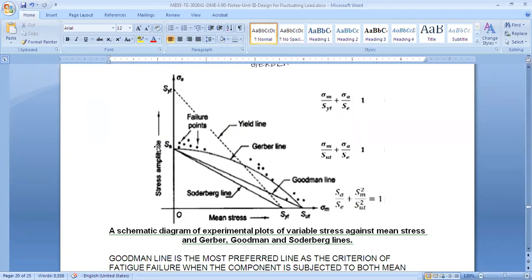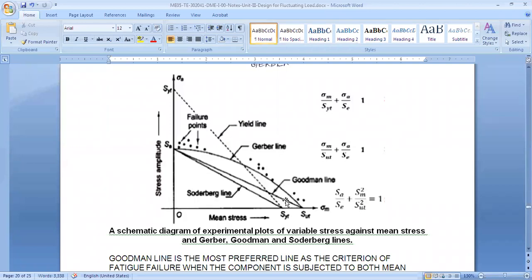So the Gerber line and Goodman line have the same start and same end point. Only thing is that the Gerber line is not a line, it's a curve, a parabola. That's why the Gerber line is the top line, which is a parabola. The Goodman line is a straight line joining SE and SUT, and the Soderberg line is the third line. Are you getting how to remember it? Very simple.